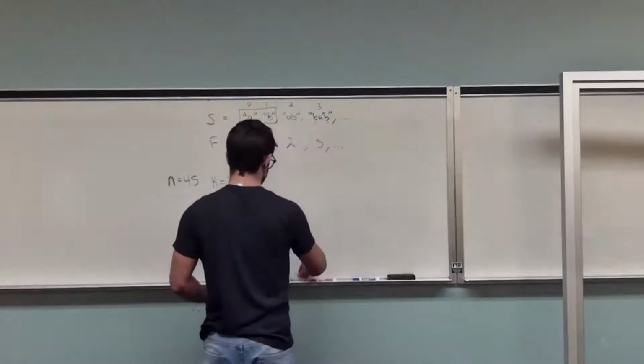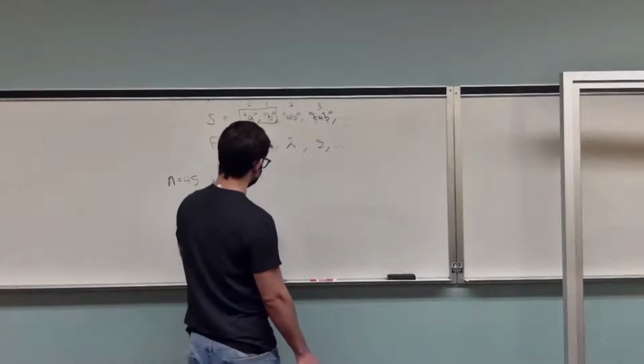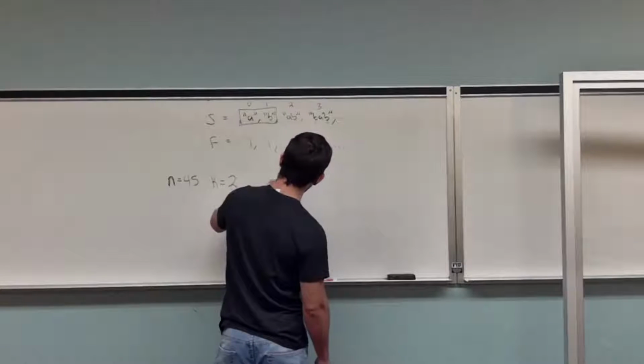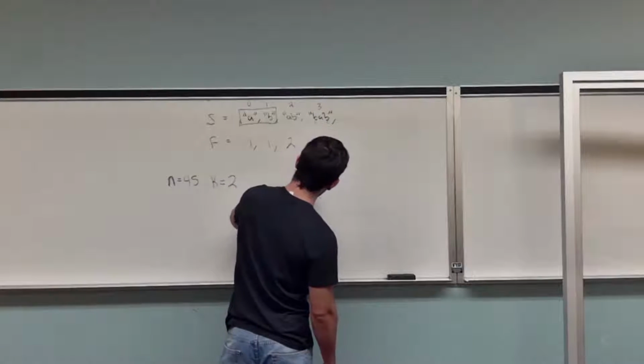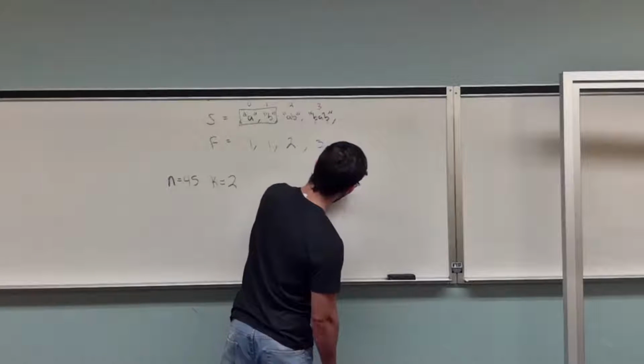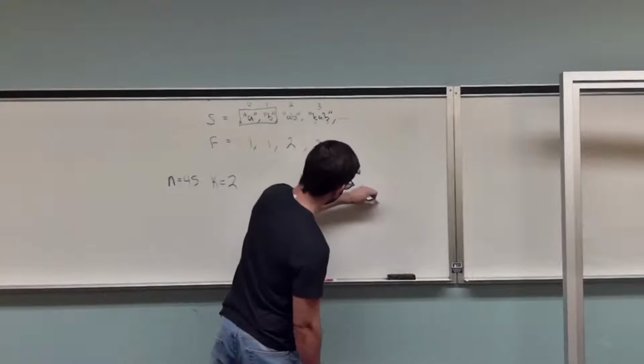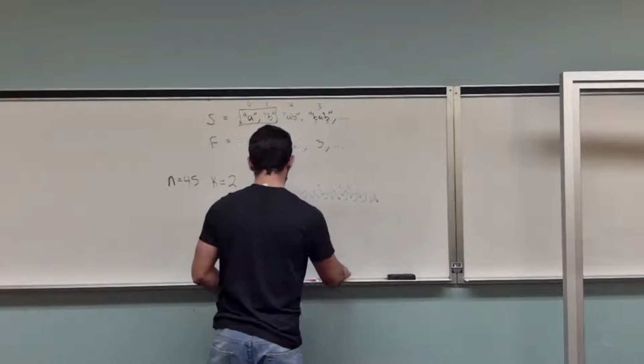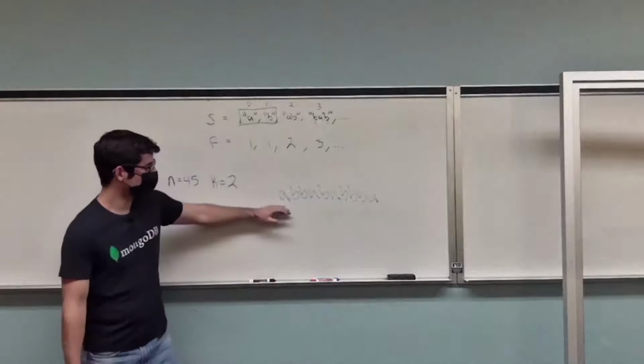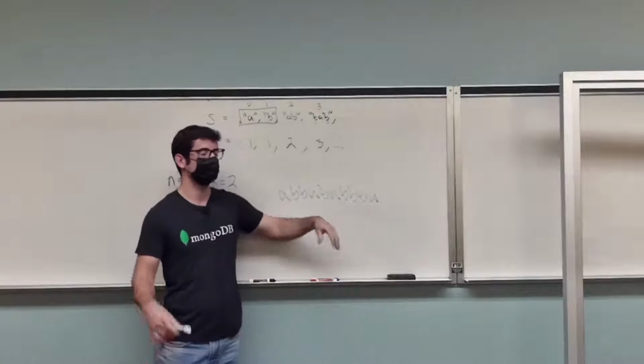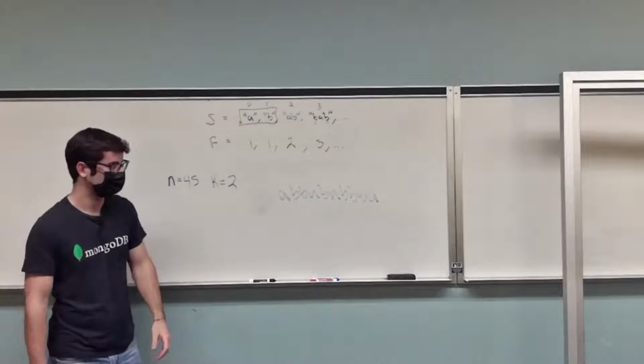So let's try to visualize something here. Let's say this is the string we're at. Let's say this is n, 27, or 30.